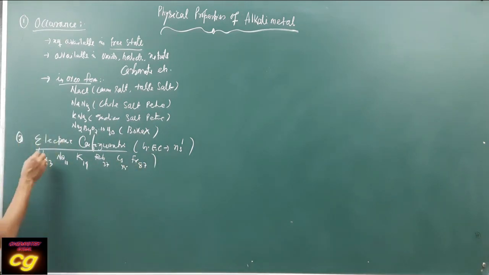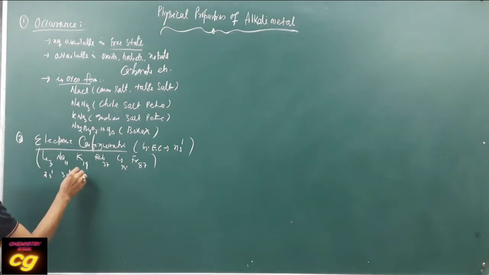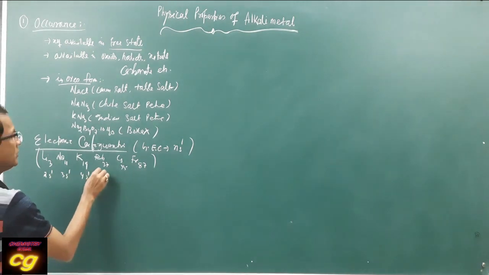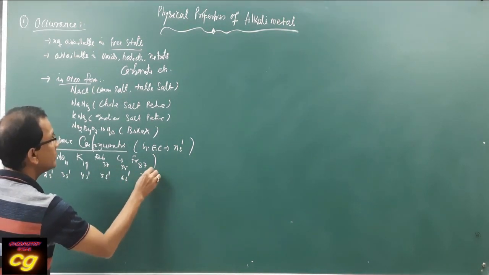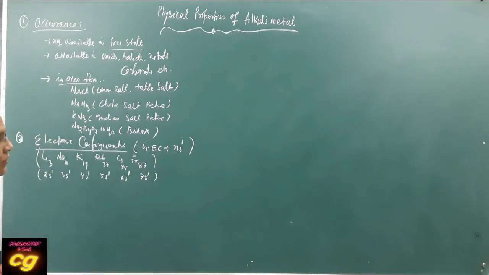So these are the alkali metals and their atomic numbers, and they have ns1 configuration. That is, lithium is 2s1, 3s1, 4s1, 5s1, 6s1, 7s1. This is the outermost electronic configuration of the alkali metals, preceded by the noble gas configuration.